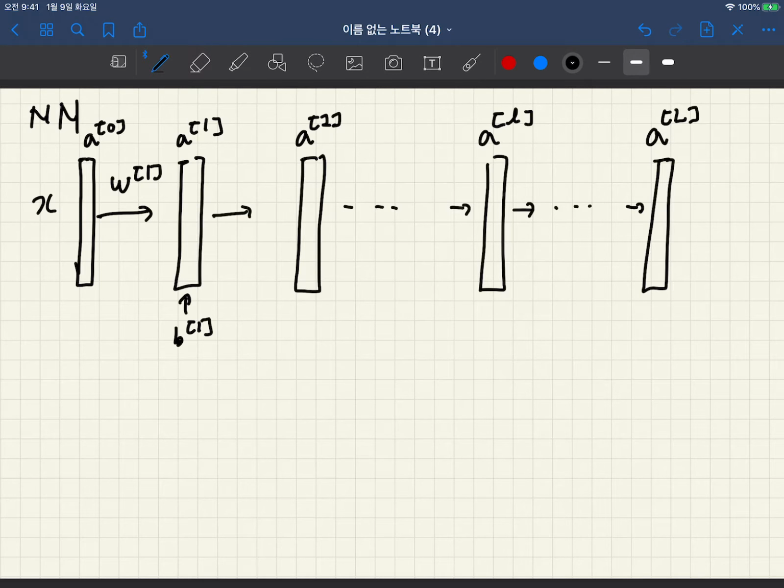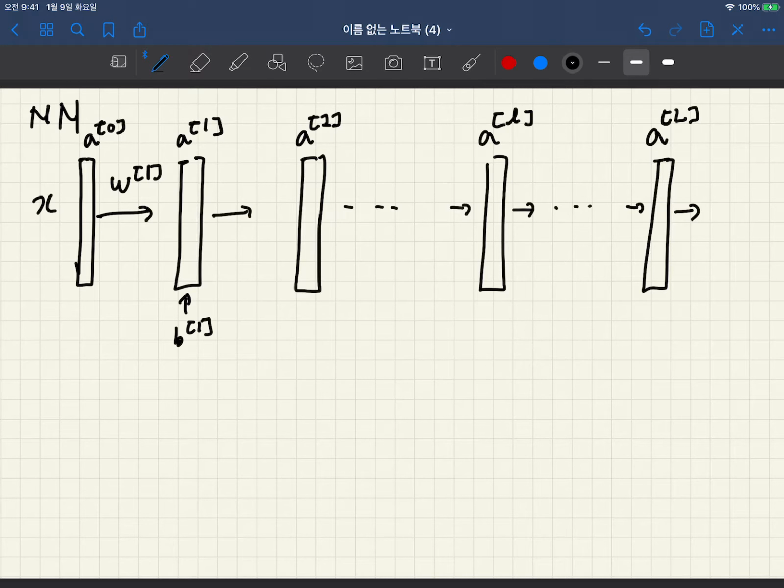So here a capital L is the output of your neural network. And usually we do not count the input layer, the layer 0. So here we say this neural network is layer L neural network. Depth is L, this neural network.